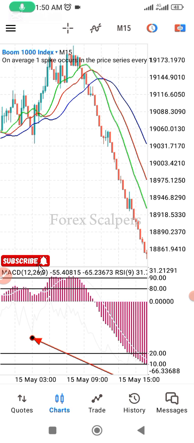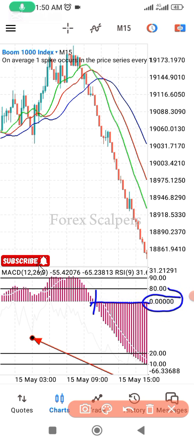So what do we see here? You can see this, the histogram line crosses at this point, and it is now forming below the zero level, and ever since then you can see that price has been selling.